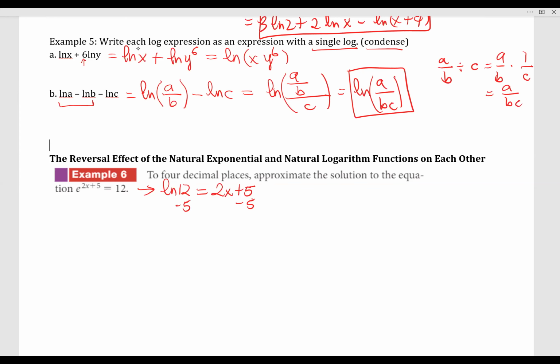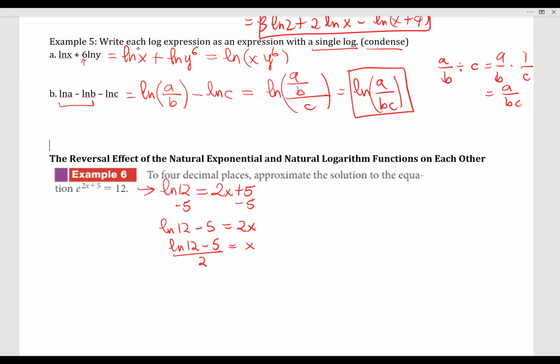I will have ln 12 minus 5 equal to 2x, right? And I will divide both sides by 2 to get the x alone. So I have x equal to ln 12 minus 5, divided by 2, okay?